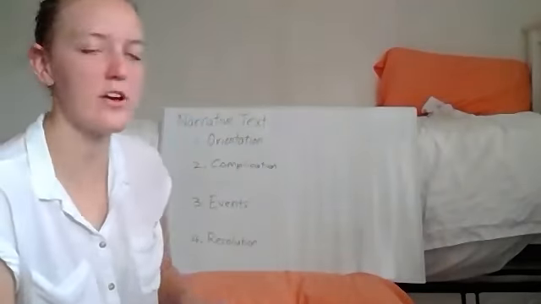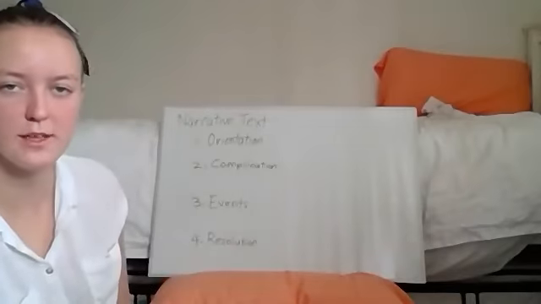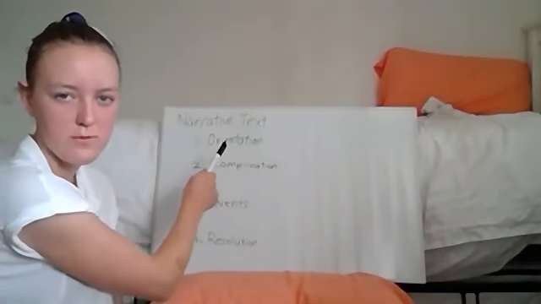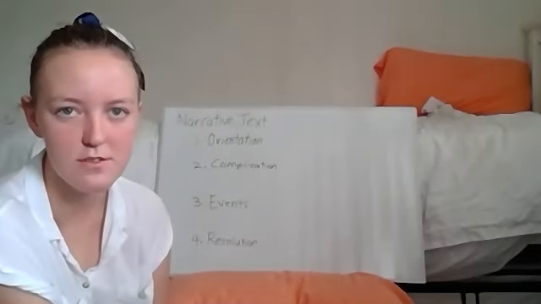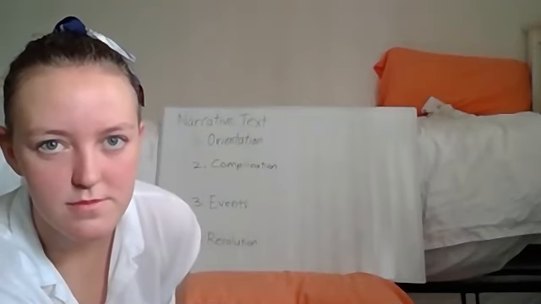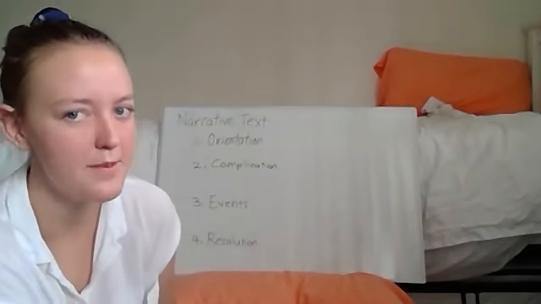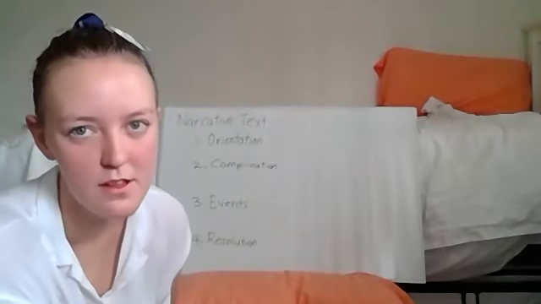Now, I'm just going to put these words up on the board, and I'll keep them up for all week so we can look back at them so we remember what they are. So what was the first one? What's orientation? Building the setting and characters. Exactly. And what's the next one? The complication. What is that one?